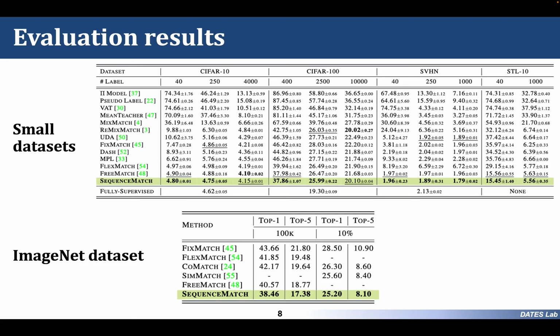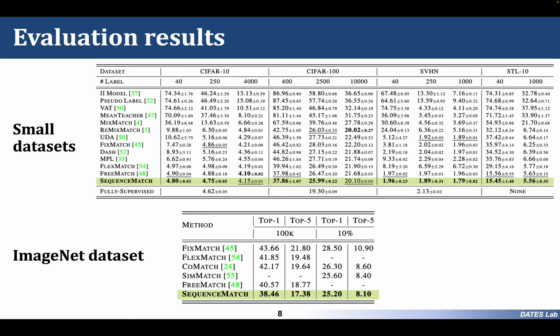And we benchmark our method on small datasets such as CIFAR-10, CIFAR-100, SVHN, and STL-10 with different numbers of labels. And we can see that our method SequenceMatch consistently outperforms the previous work and the current SOTA, FreeMatch and FlexMatch. And we also benchmark our method on a larger dataset, ImageNet, under two different schemes, 100K labels and 10% of labels.